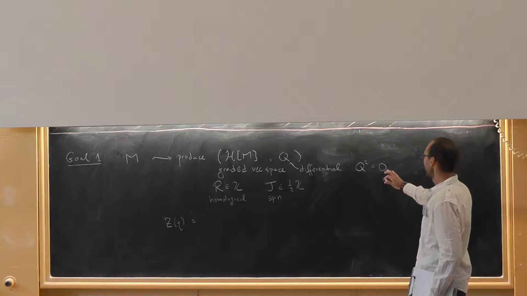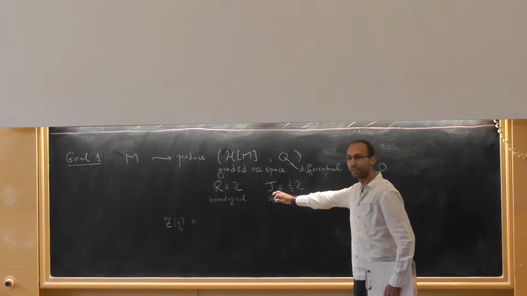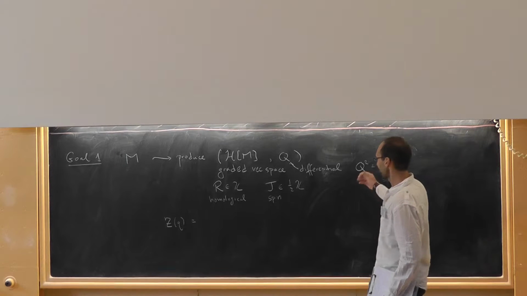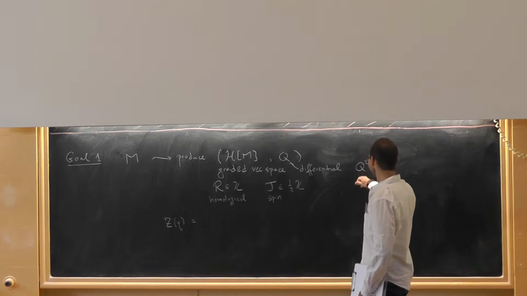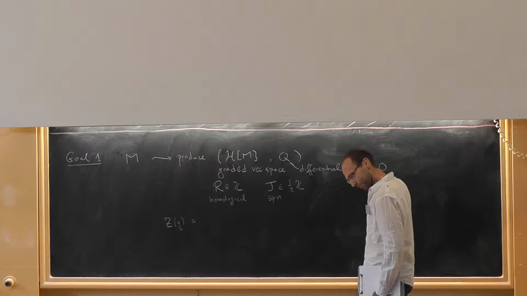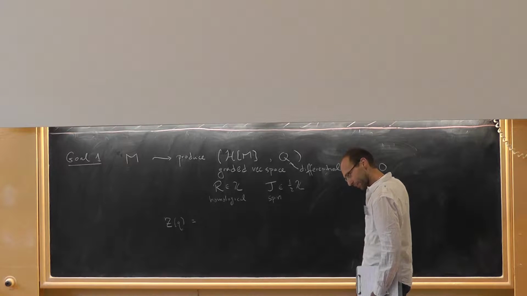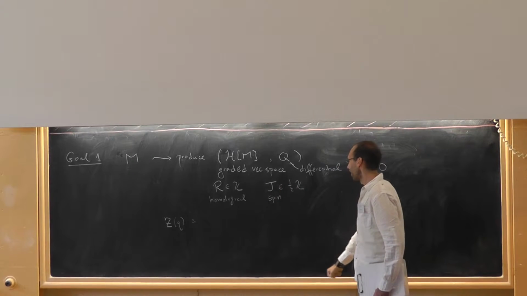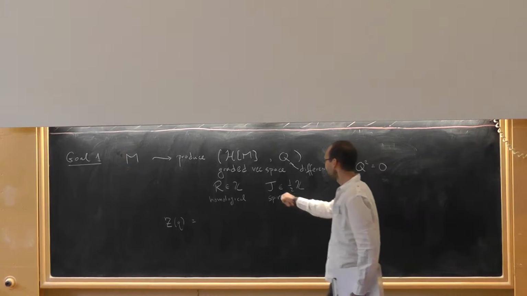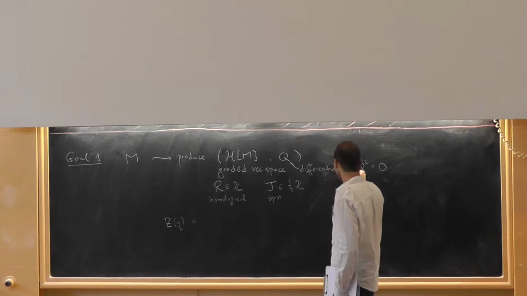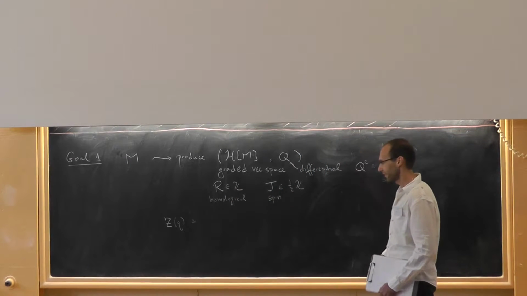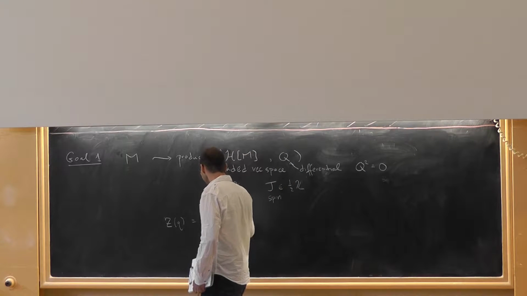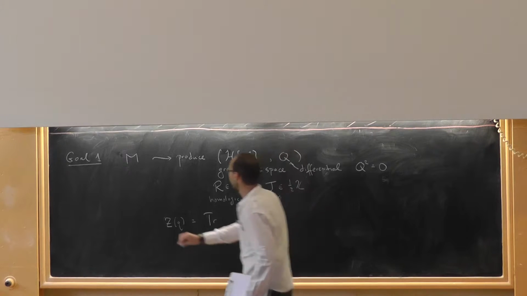So Q commutes with J. So usually, Q is going to be some supercharge in a supersymmetric theory that usually doesn't commute with spin, but there is a combination of spin and R symmetry that does commute with Q, and that's what I'm denoting J for this talk. And Q changes R by 1.